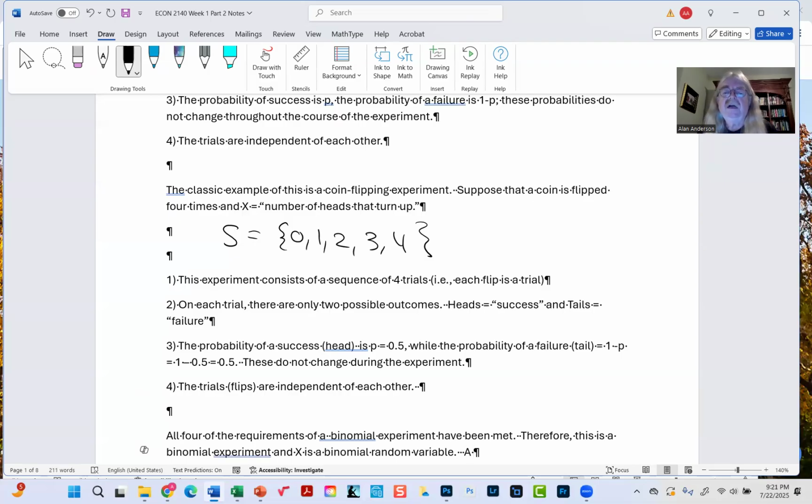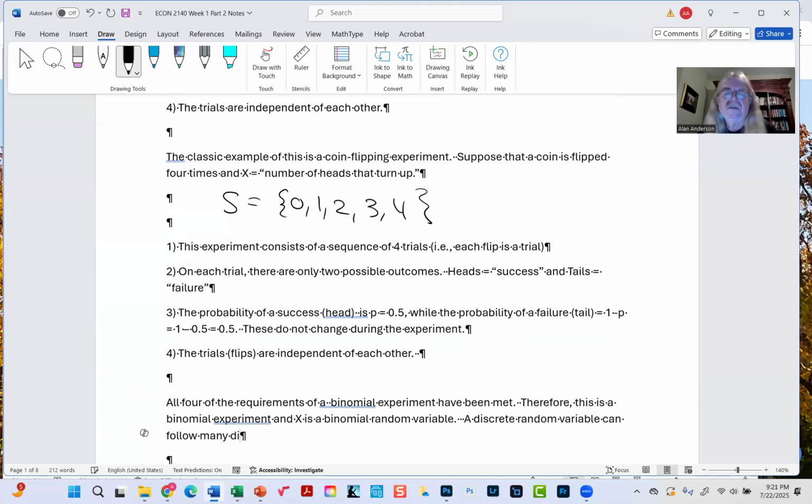A discrete random variable can follow many different probability distributions, one of which is the binomial. So binomial is a special case of a discrete random variable.